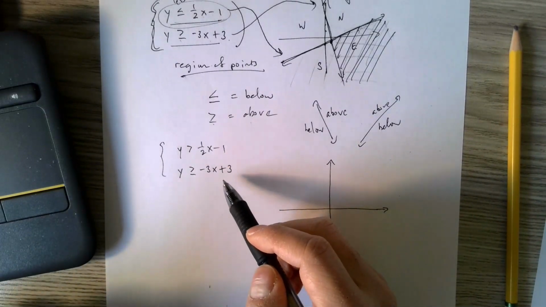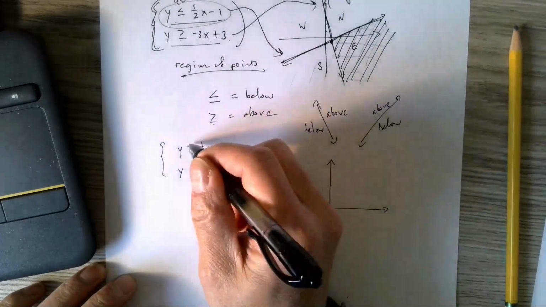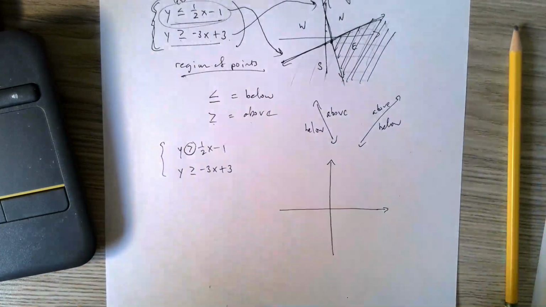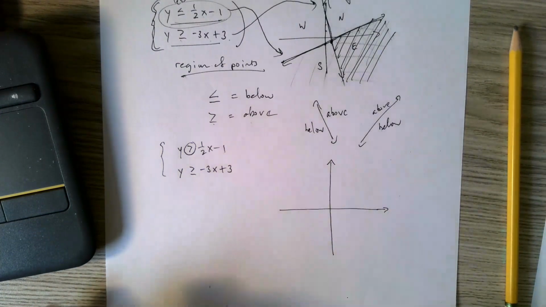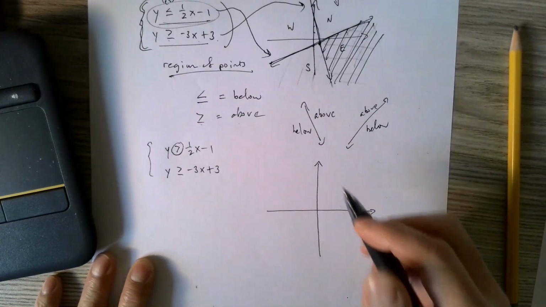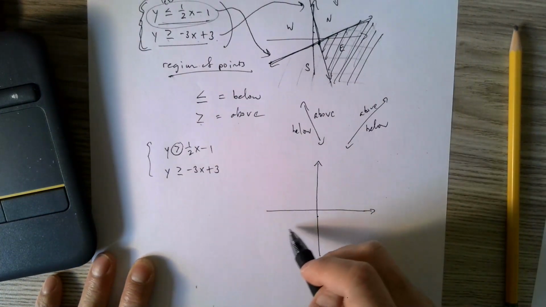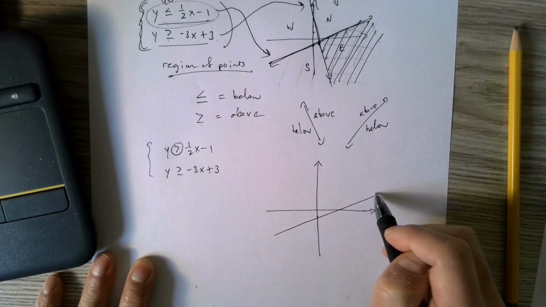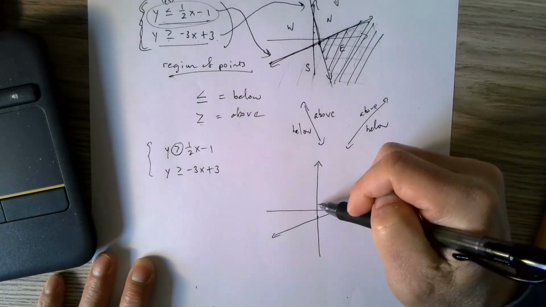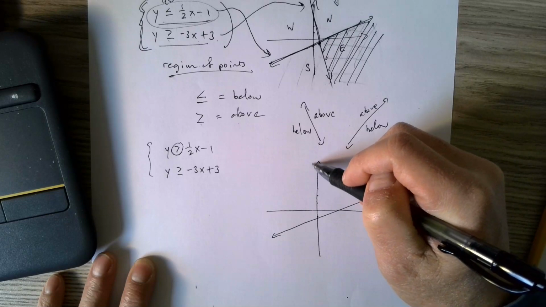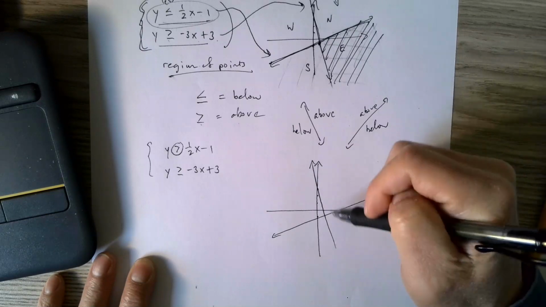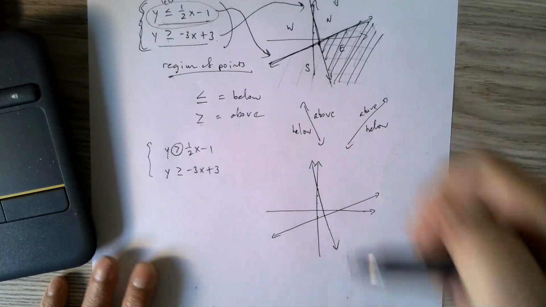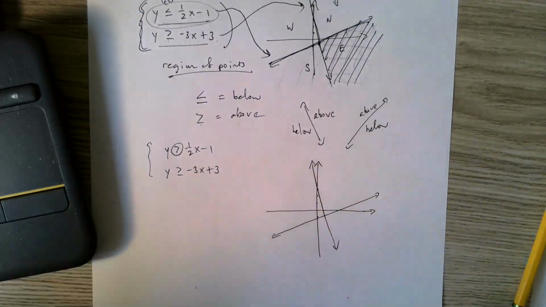The only thing I changed was the inequality here for the first one. So that means I can use the same lines I used before. But the shading will be different.